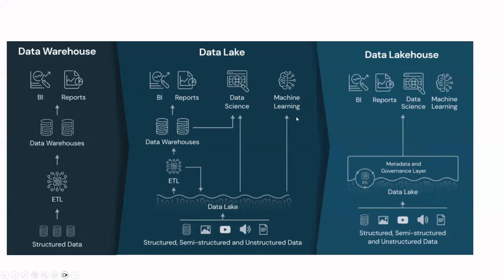Then Lakehouse came around 2020, and it basically combined the best of both traditional data warehouse and data lake features and functionalities. Lakehouse is a data architecture platform that brings together structured, semi-structured, and unstructured, basically all types of data into a single location.